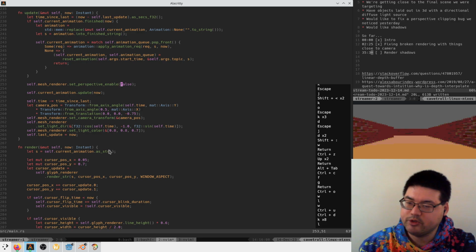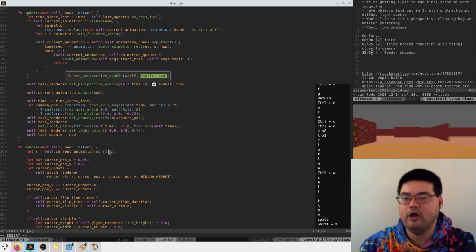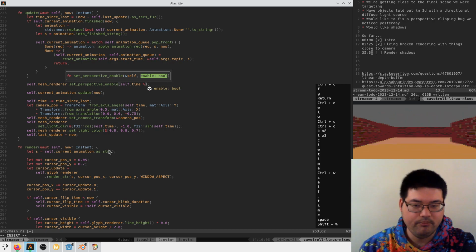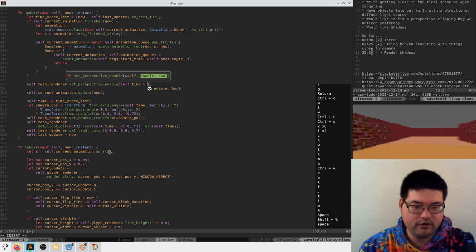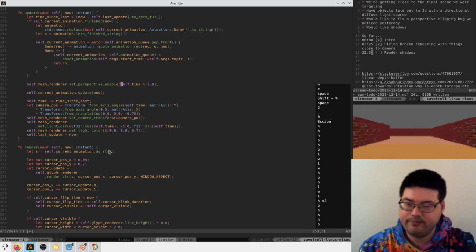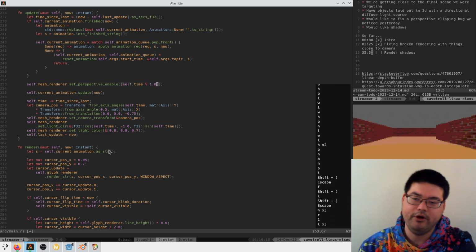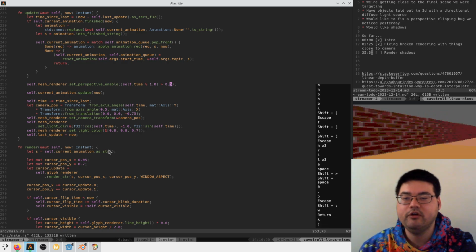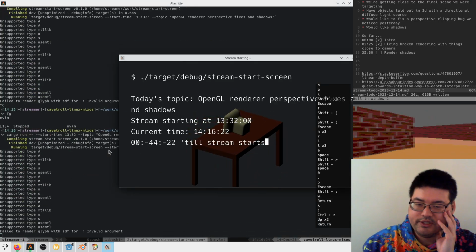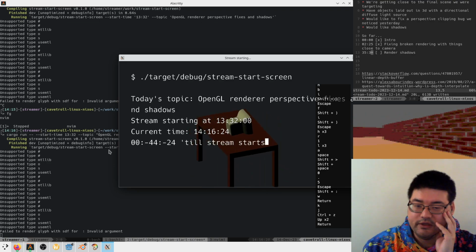So we'll say perspective enable is equal to time mod 2.0. So it'll go from 0 to 2, and, I guess we do mod 1.0 and say if it's greater than 0.5. And we should see it flip-flop every 0.5 seconds, and I feel like I'm not seeing that.